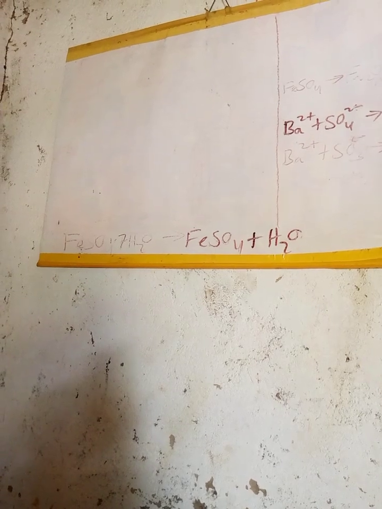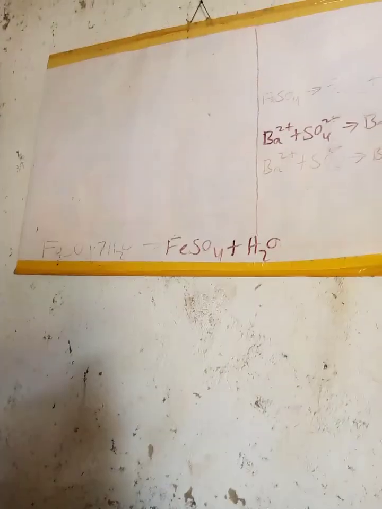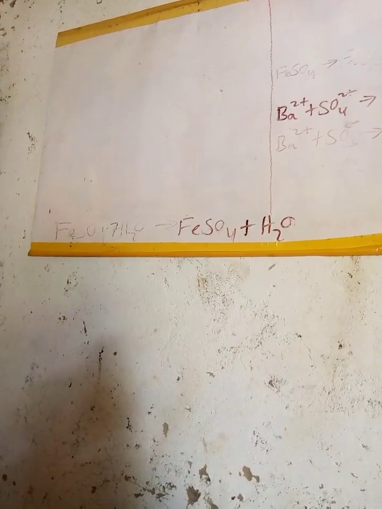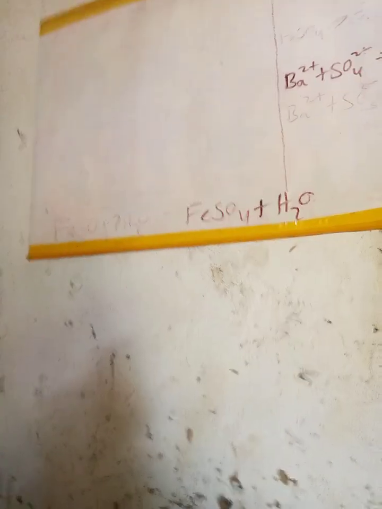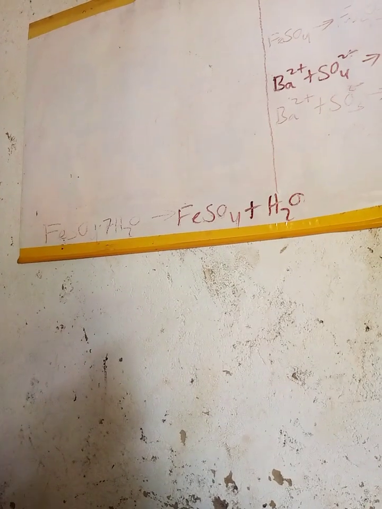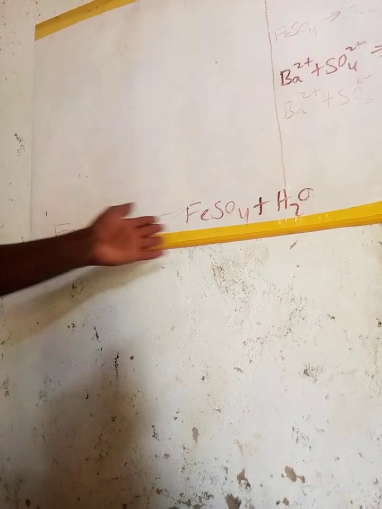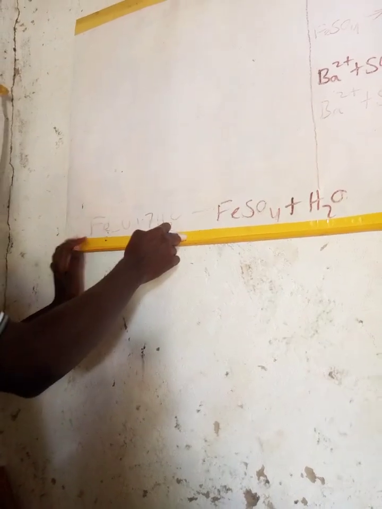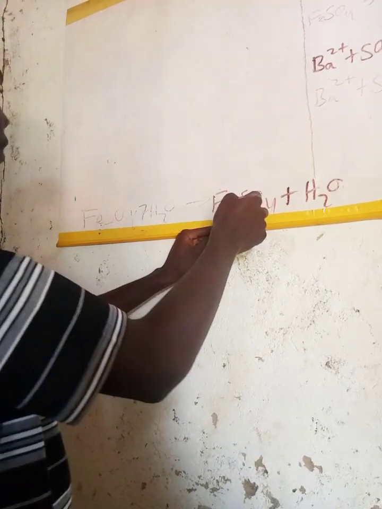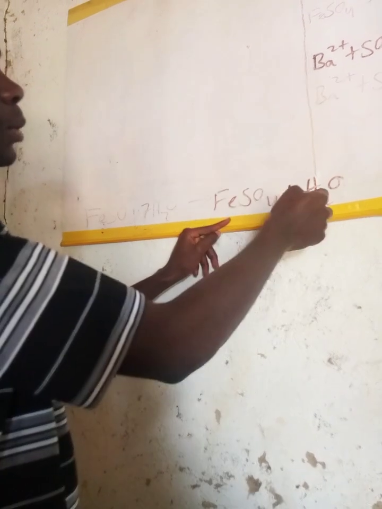Then the iron 2 sulfate, which is the residue, is strongly heated to decompose to iron 2 oxide, sulfur 4 oxide, and sulfur 6 oxide. So we are heating hydrated iron 2 sulfate to form iron 2 sulfate plus water.